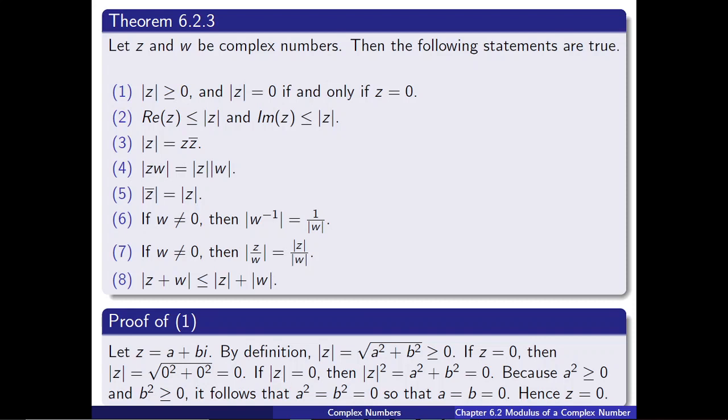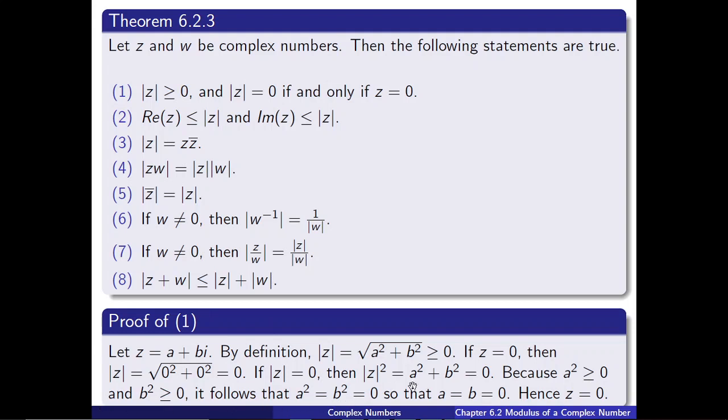And then going this direction, suppose the modulus of z is equal to 0. Then what we know is if we square the modulus of z, we get a squared plus b squared, and this is coming from the definition of the modulus, and we know that that is equal to 0. But we know that a squared is greater or equal to 0 and b squared is greater or equal to 0, this is a property of real numbers.